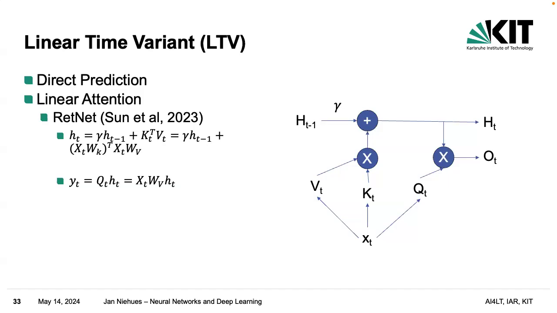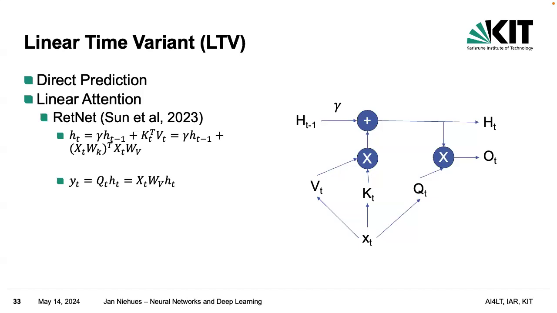You're discounting a bit from your previous hidden state with gamma, and that is your new hidden state here. And then you're using your query to multiply with your hidden state in order to say, okay, this is the information I want to extract from the hidden state. You're seeing this time you're not querying the full history, but you have your compact summary, and you're only accessing that one to get the information.